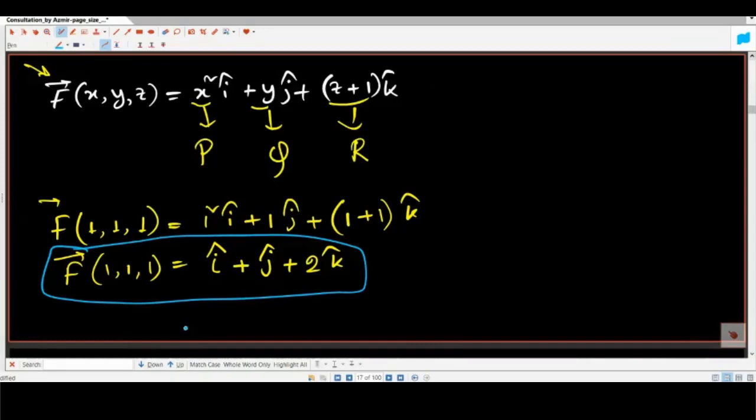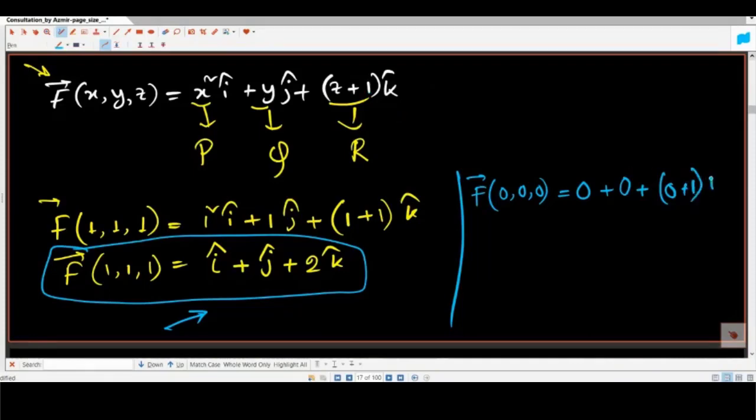So this vector can be directed by an arrow. Similarly, if we input 0, 0, 0, that is x is 0, y is 0, z is 0. So x squared, 0 squared, that is 0, plus y, that is 0j, that means 0, plus z, z is 0, and we have plus 1.